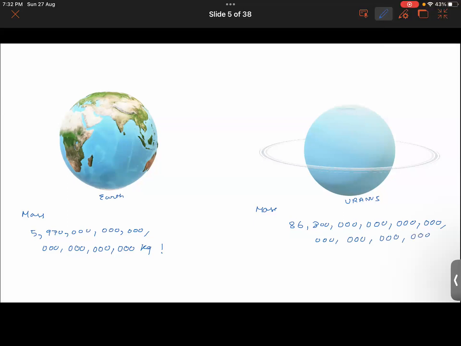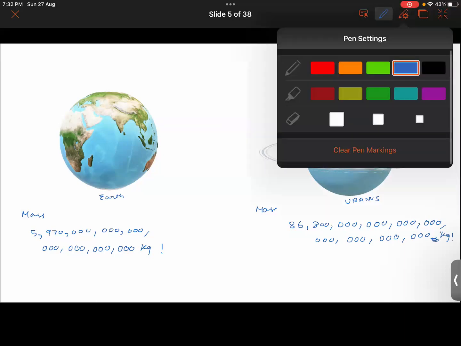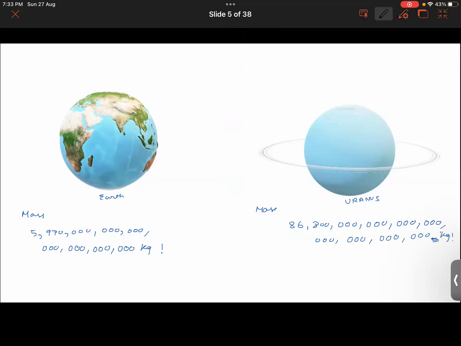Somewhere that many zeros. Looking at the mass of the two objects here, can you say just by looking which one has more mass? Uranus. It is quite difficult. It looks like Uranus has more mass, but you can't be 100% sure.